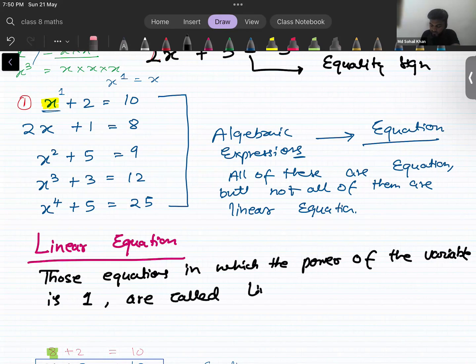Now identify from the given examples another linear equation. In the above examples there is one more linear equation. Can you spot it?